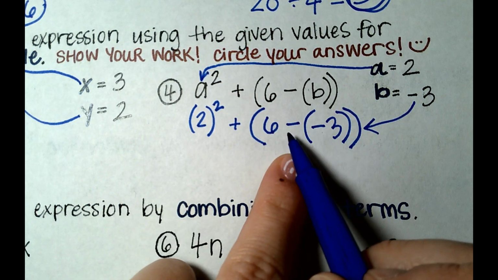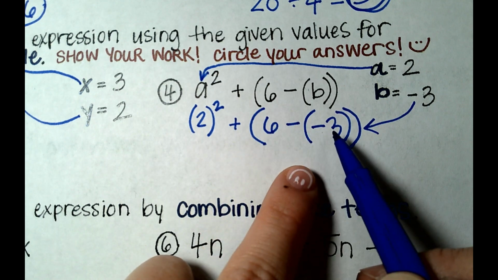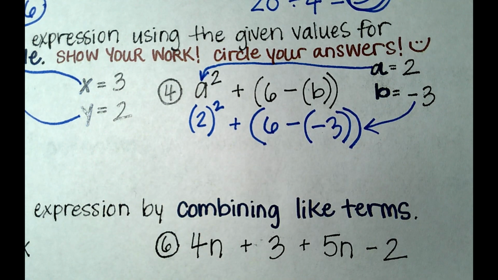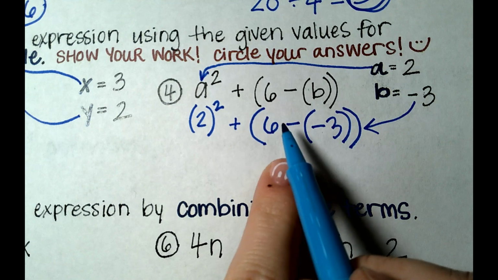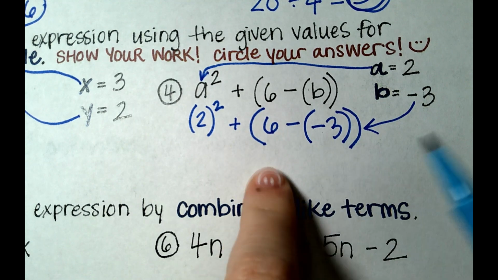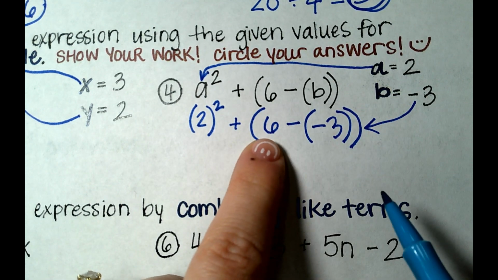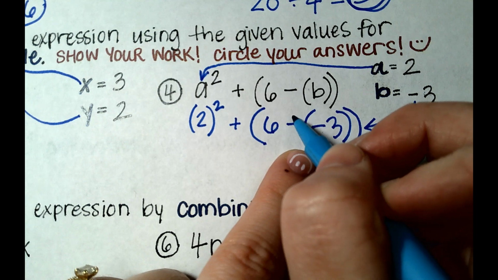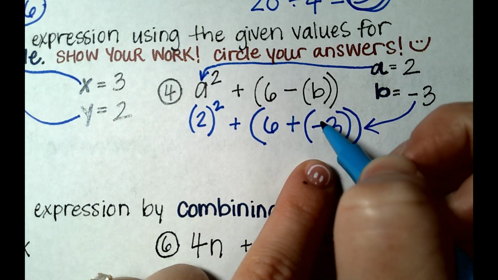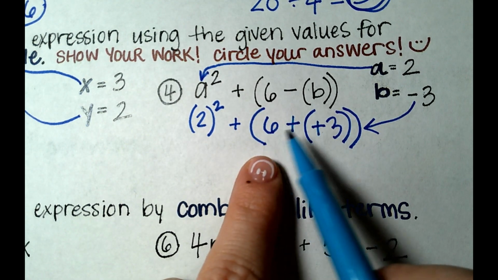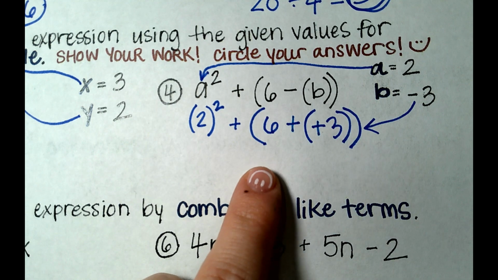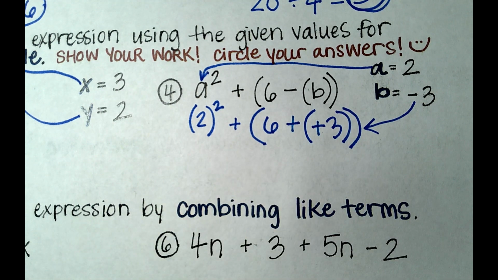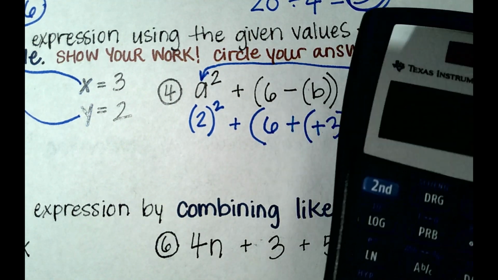Remember that keep, change? You can type this in your calculator and you'll for sure get the right answer, because your calculator is always going to work. But if we want to look at that rule, we keep the 6, change subtraction to addition, and change negative to positive. This is the same thing as 6 plus 3.